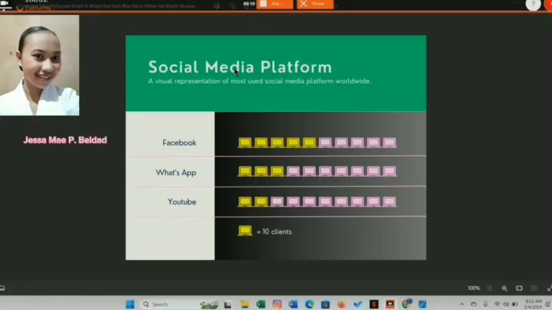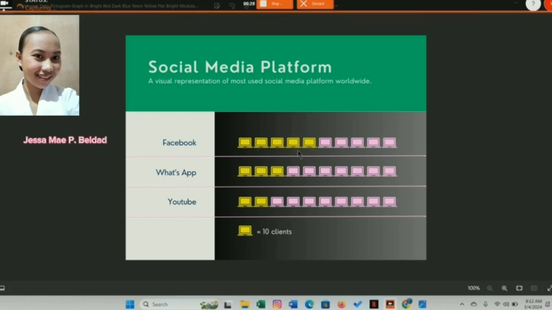Now I have here 2 examples of a pictograph with a corresponding word problem. First is a pictograph about a social media platform, a presentation of the most used social media platform worldwide. Facebook, WhatsApp, and YouTube are recorded as the most used social media platform worldwide.